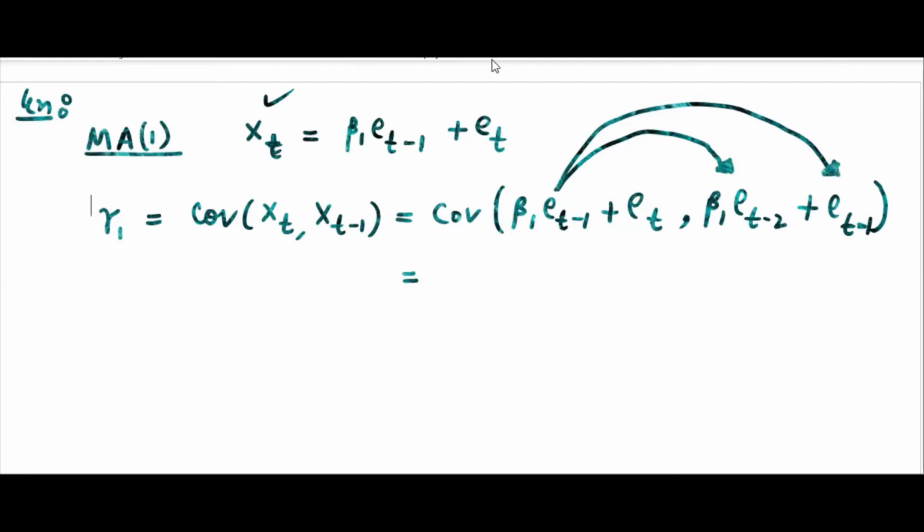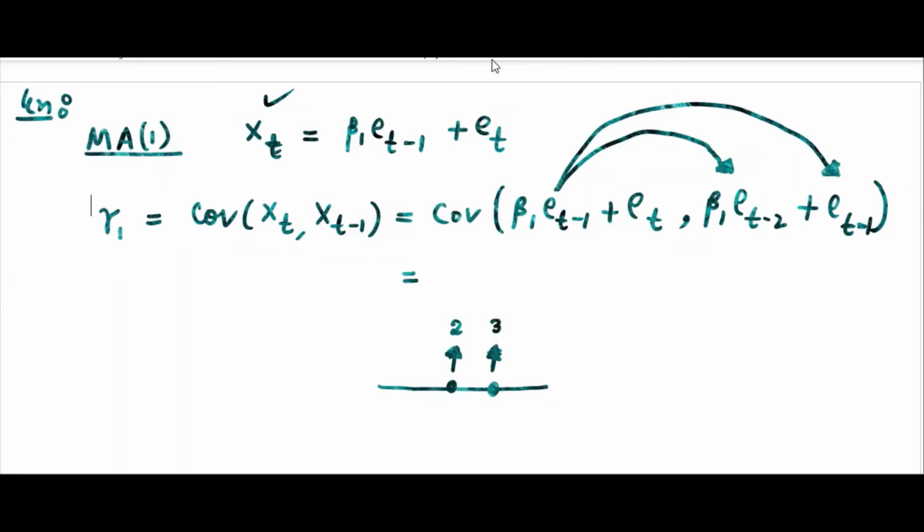If there is any covariance, you will get it from here. If you try to find the autocovariance between these terms, remember the et, the random shock, the white noise, whatever you say, they are uncorrelated by definition. So there is no correlation between et minus 1 and et minus 2. That means the random shocks at two points are not the same. Suppose I plan to give you a 2-hour class today and a 3-hour class tomorrow.